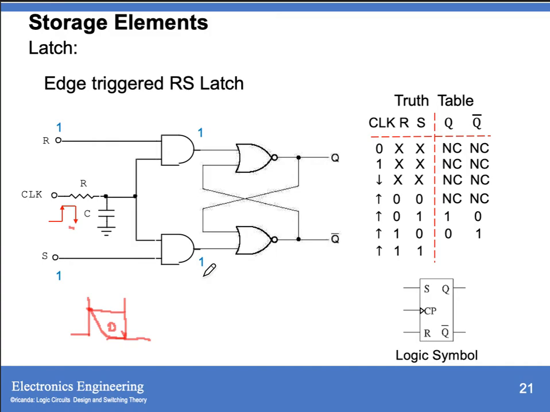So it will generate an output of 0 on both sides, but we have to determine that using your Q. Since both will generate an output of 0, we don't know which of these two NOR gates will generate first, so we call that a race condition. So this is your circuit diagram, and that is your logic symbol.